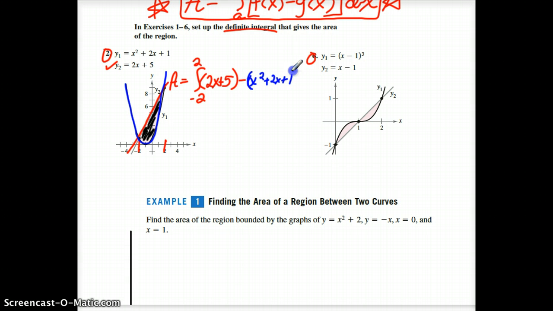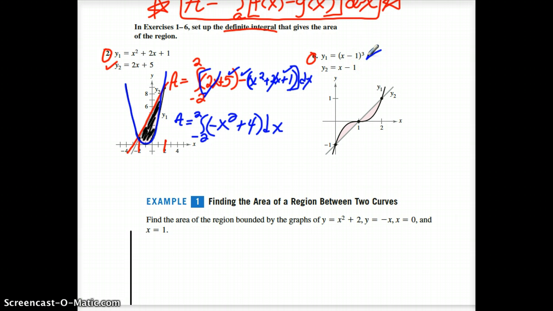And I take that whole integrand and multiply it by dx. If I were to clean that up, I'm not going to evaluate it, I would get a negative x squared. The 2x is going to cancel out with the minus 2x, and I'll have a 5 minus a 1, or a 4. So my integrand, that's as good as it gets. It just says to set it up. It does not say to evaluate it. So let's go to the next one.